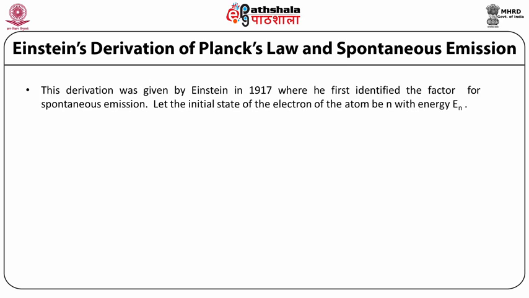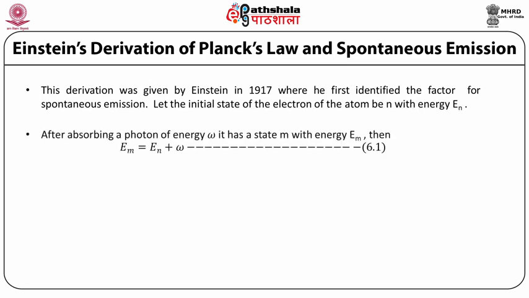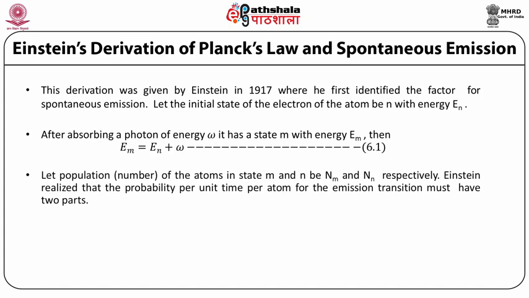Let the initial state of the electron be n with energy En. After absorbing a photon, it goes to the state m. Therefore, Em equals En plus omega. Let the population numbers in the states m and n be N subscript m and N subscript n respectively. Einstein realized that the probability per unit time per atom for emission transition must have two parts.